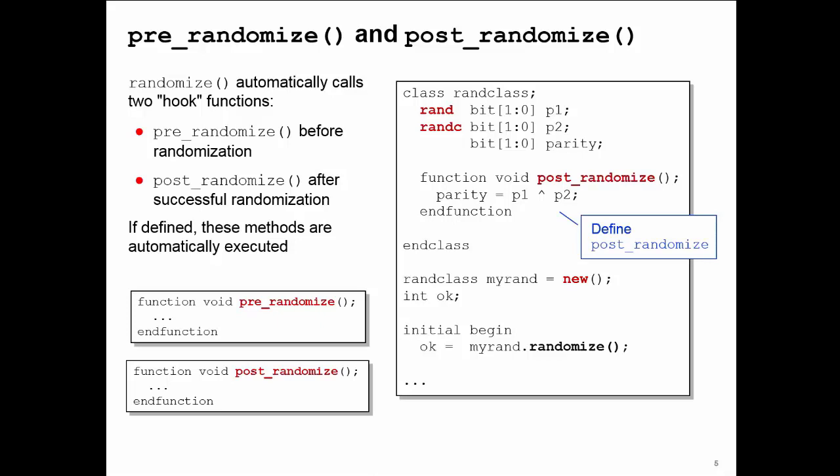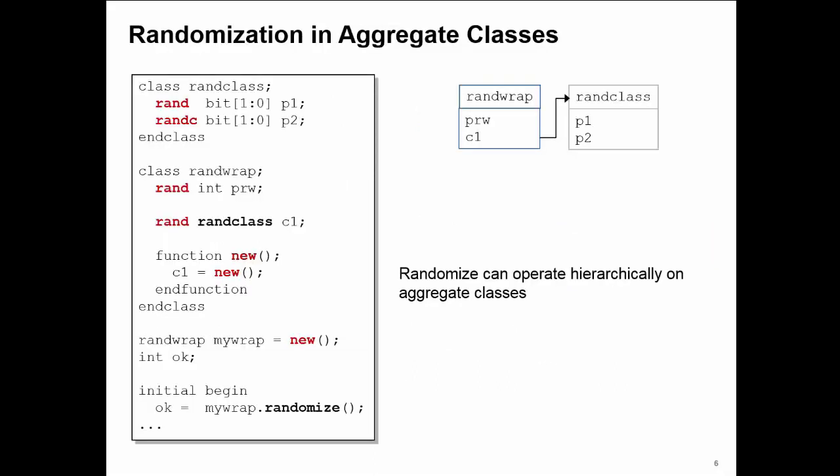So now when I randomize the instance myRand of rand class, I will give random values for P1 and P2, and then I'll automatically execute post-randomize to update the parity with the new random values of P1 and P2. So these methods should only be called as part of an execution of the randomize method. You should never call these things directly yourself.